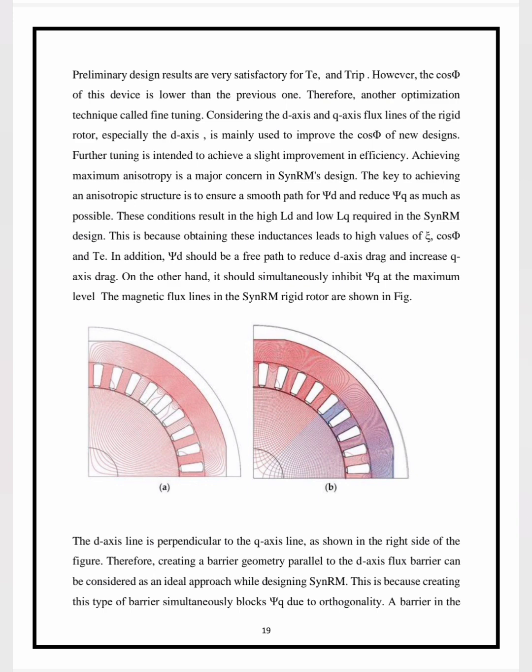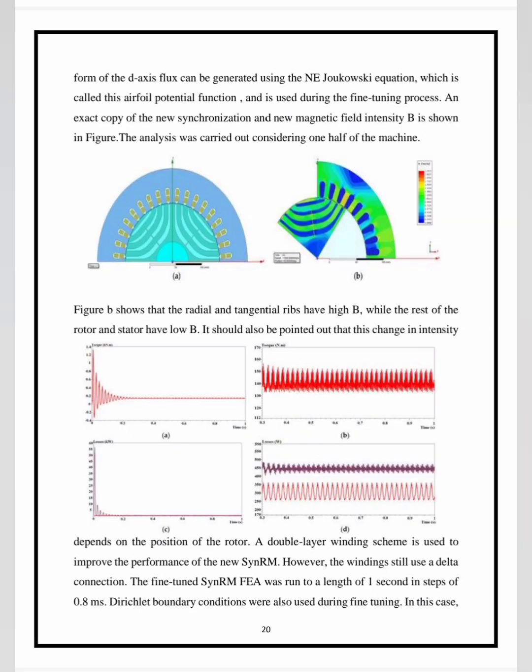Orthogonality means the q-axis may become parallel along the d-axis, so it may cause overlapping. A barrier in the form of d-axis flux can be generated using the Joukowsky equation, called the airfoil potential function, and it is used during the fine-tuning process, and it increases the efficiency.